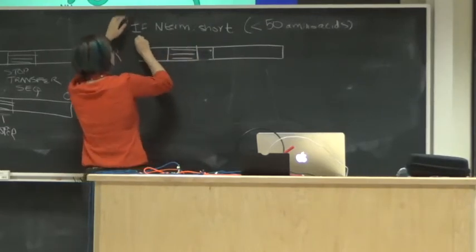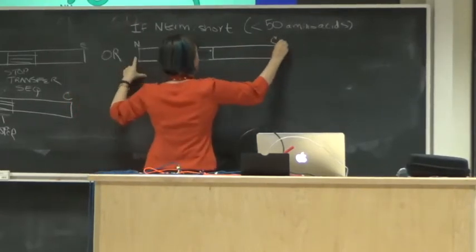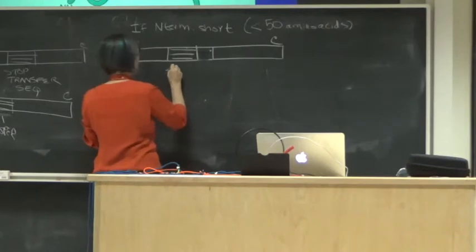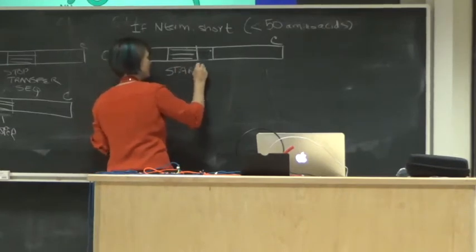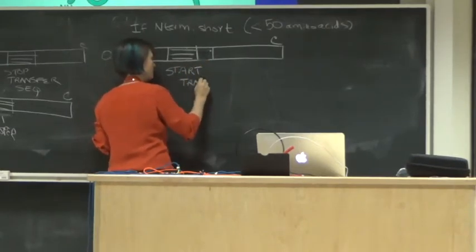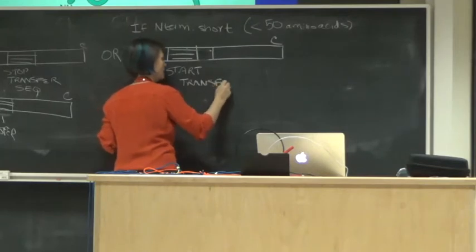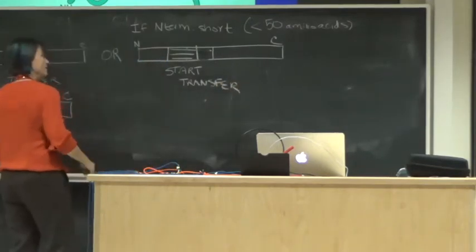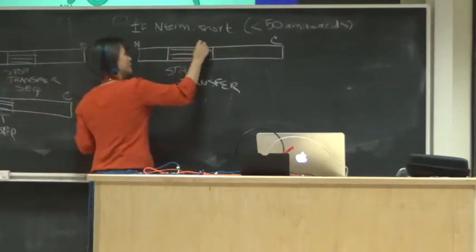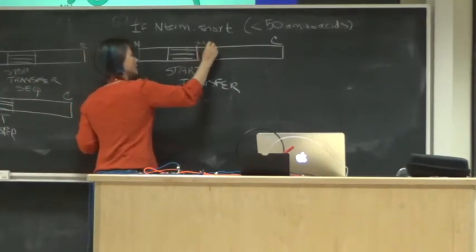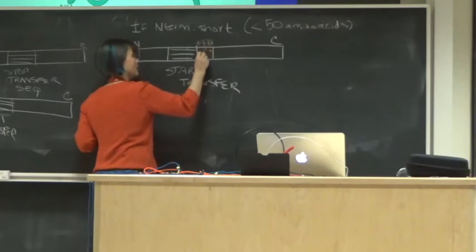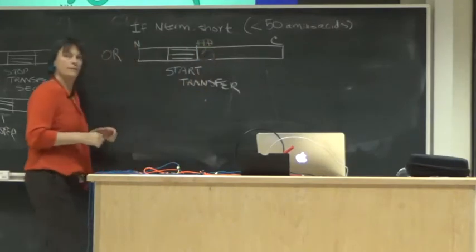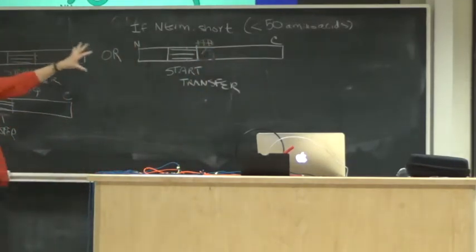So we have N, C, and that's a start transfer sequence, with a net number of positively charged amino acids right here. Okay, so we have two ways to do this if the N terminus is short.